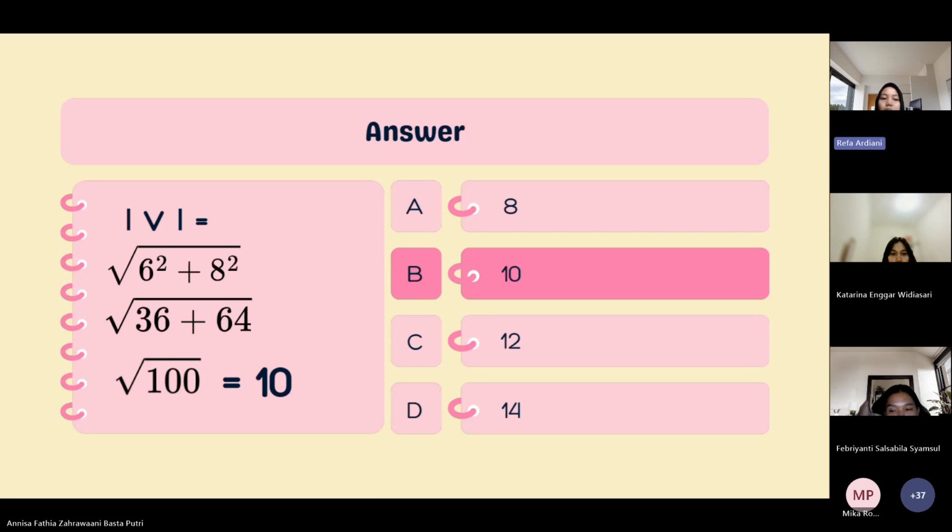So the magnitude becomes the square root of 36 plus 64, which is the square root of 100, which is 10. So this answer is correct. Thank you, Mika.